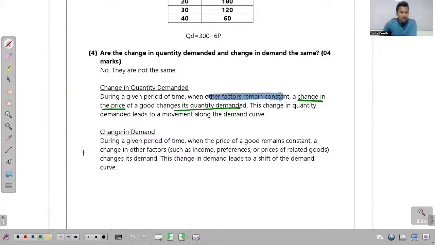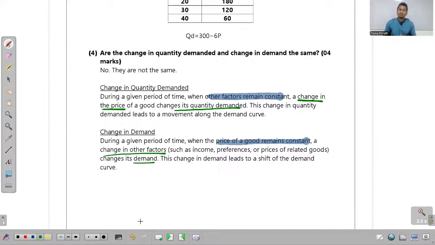And then when it comes to change in demand, I'm telling you that during a given period of time, when the price of the good remains constant, a change in other factors will create a change in demand.